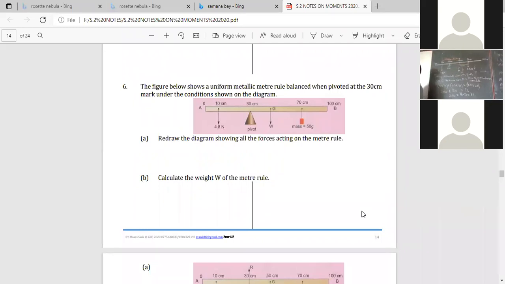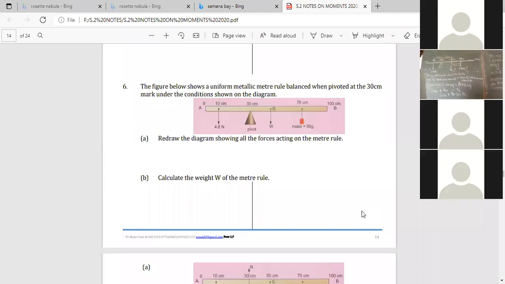What is W? 3.8. So W is equal to 76 divided by 20, and W is equal to 3.8 newtons.